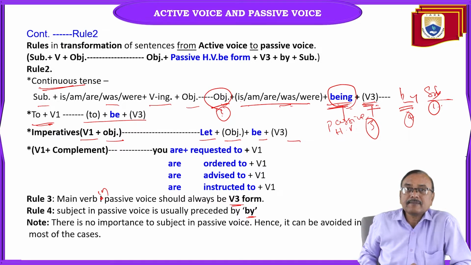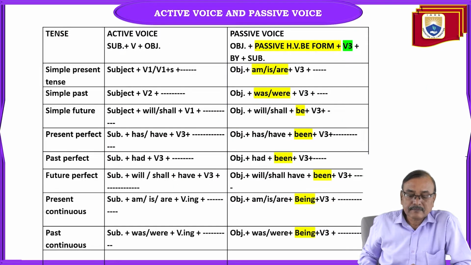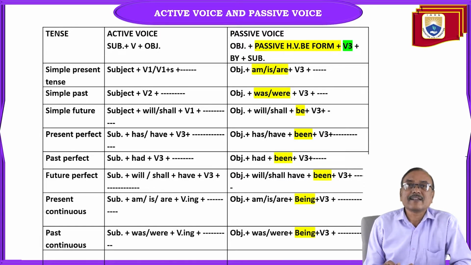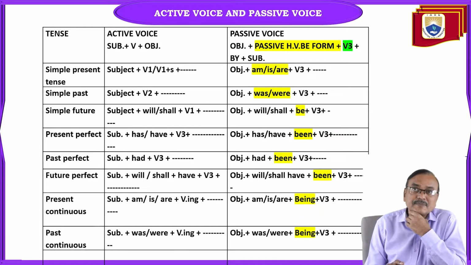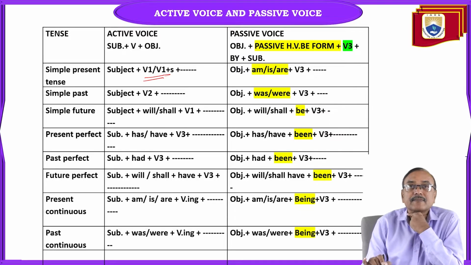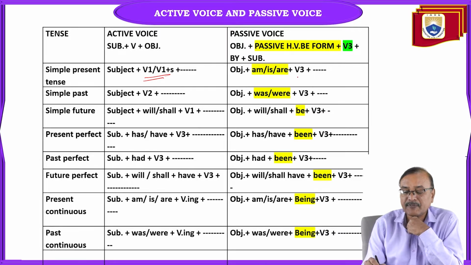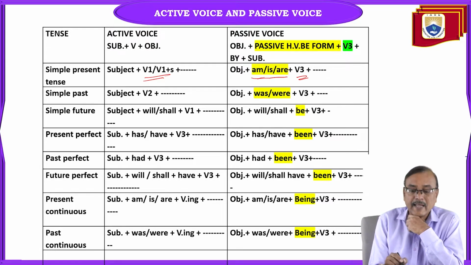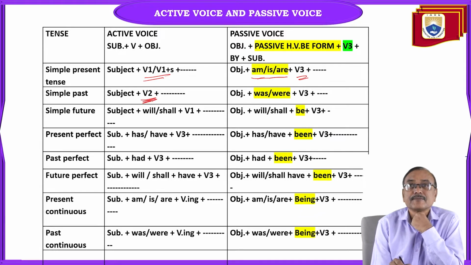Now let us do some exercises. Here we can see the structure. In active voice, subject plus present tense. In passive voice, before V3 what is coming? Am or is or are. In active voice, simple past V2.